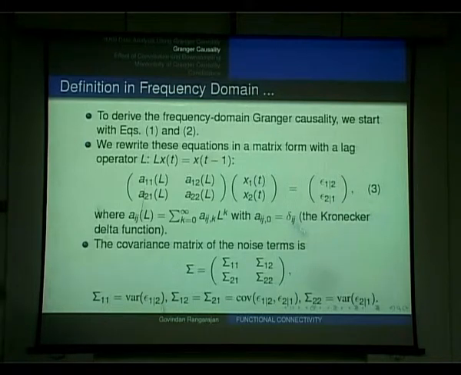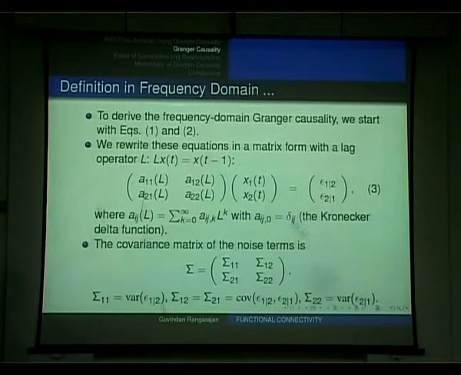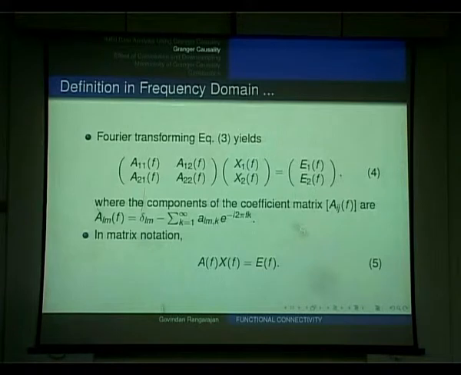Let me not go through this math. Essentially, you do a Fourier transform of the signals and look at the covariance matrices of the noise terms. You then have a spectral representation of the autoregressive process, a spectral representation of the error term, and the frequency representation of the process itself. So you have A(f) acting on X(f) equal to E(f).